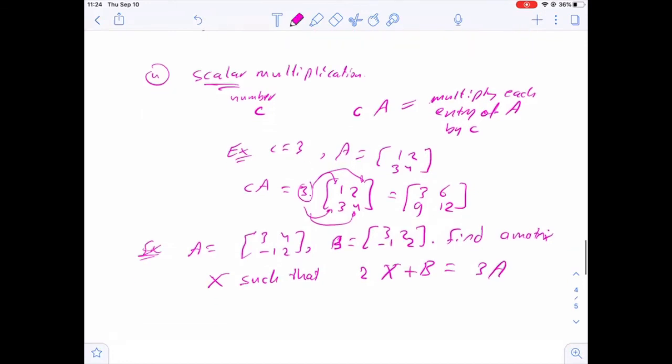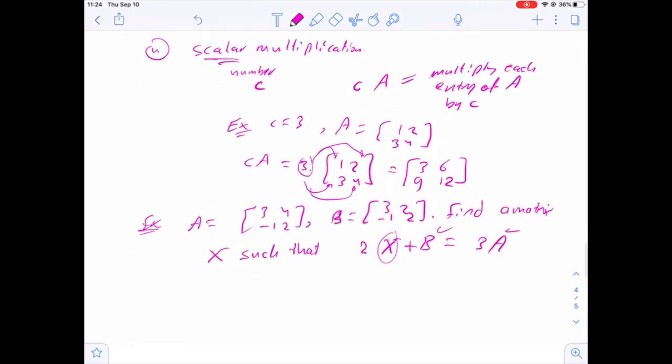We know the matrices A and B, and we want to find the matrix X. Now how do we find X? First we can isolate X, or we can just do it without isolating it. There are different ways to solve this problem.